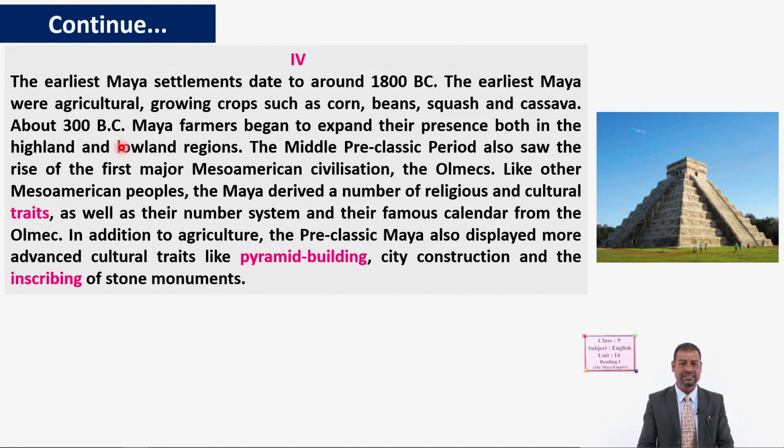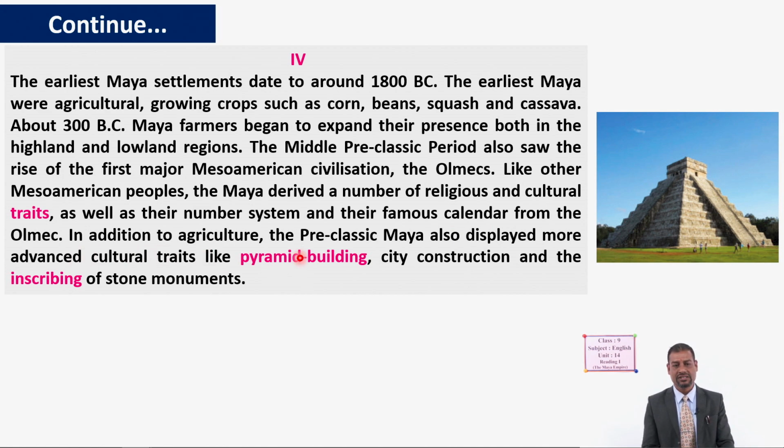About 300 BC, Maya farmers began to expand their presence both in the highland and lowland regions. The Middle Preclassic period also saw the rise of the first major Mesoamerican civilization, the Olmecs. Like other Mesoamerican peoples, the Maya derived a number of religious and cultural traits, as well as their number system and their famous calendar from the Olmec.